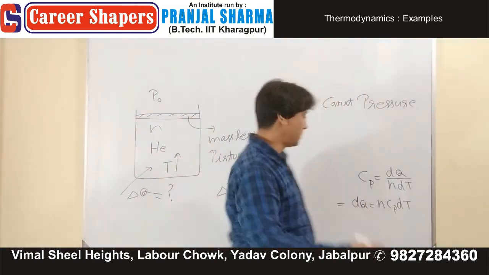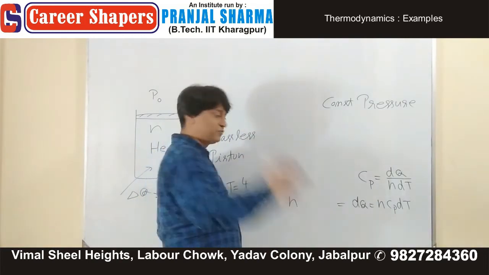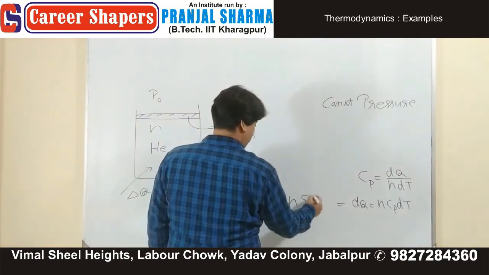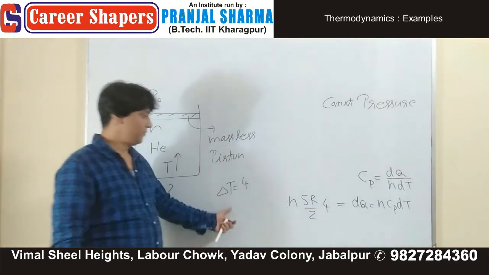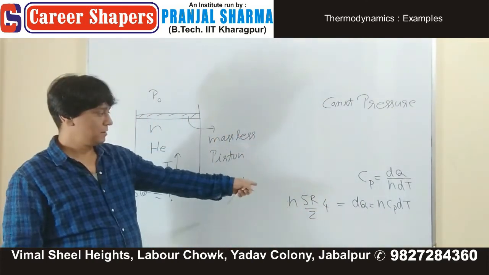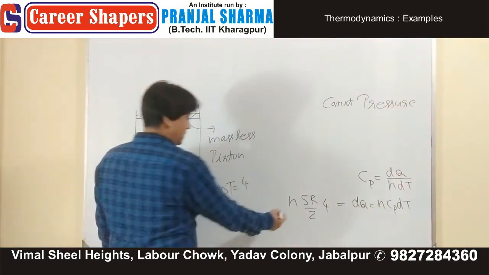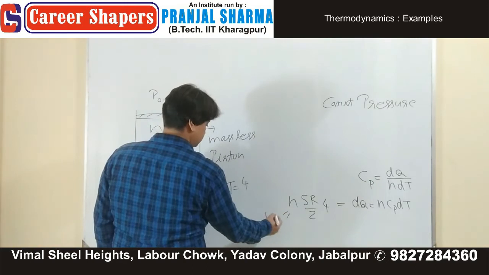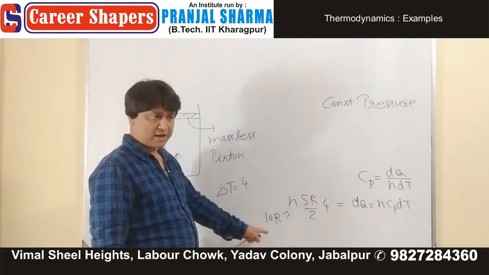Helium, monatomic gas. For monatomic gas, Cv is 3R by 2, Cp is 5R by 2. Delta T is already given as 4. N Cp delta T. The answer is 10 R. And some of you even got 10 R, which is a good thing.